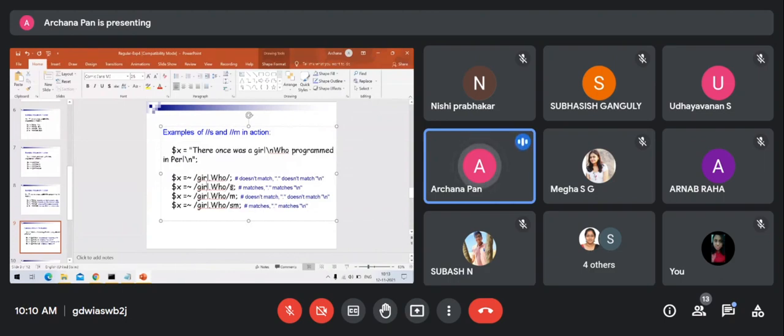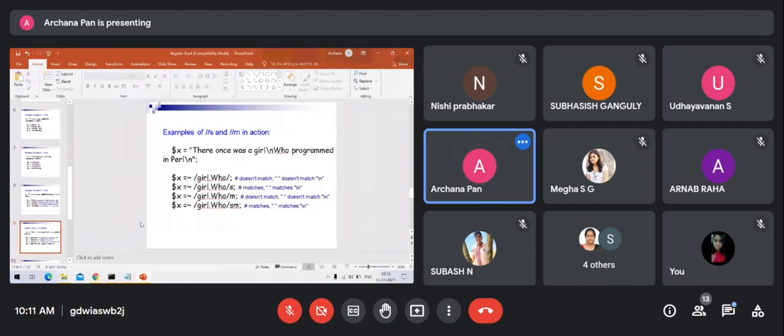When you are using the S modifier, it is even matching the new line character, so this whole one will match. Then dot M does not match. Why? Because the M modifier does not match the new line character. But when you are using SM together, it will match. So that's why the first one is no, then yes, then again no, yes. So you are correct actually.